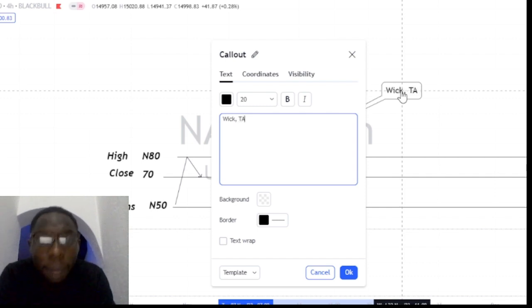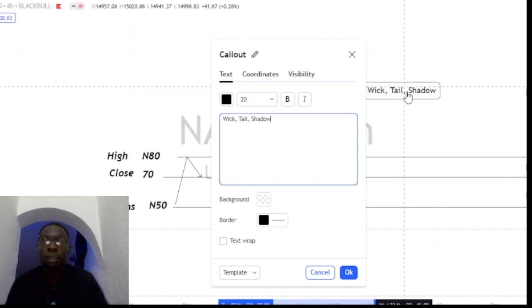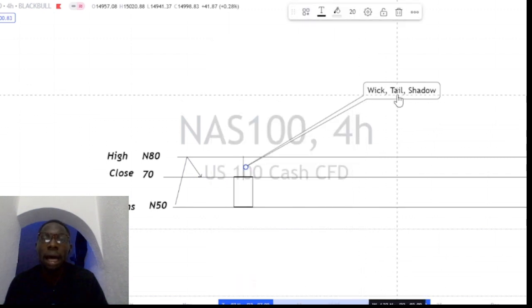Like what my boss will say, he will call it oniru. We can have it as shadow again. Shadow. Okay, so here, these are the things we call it.